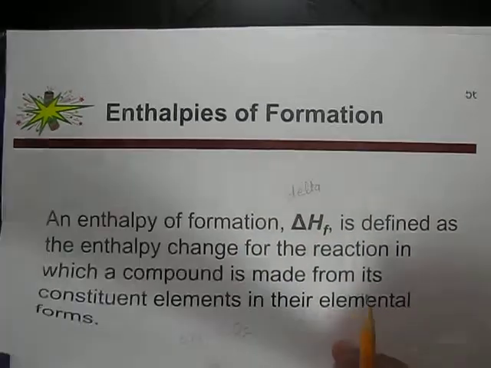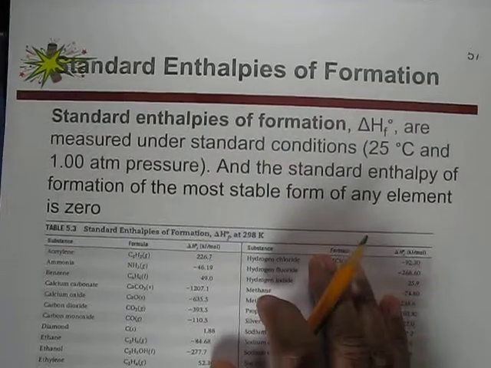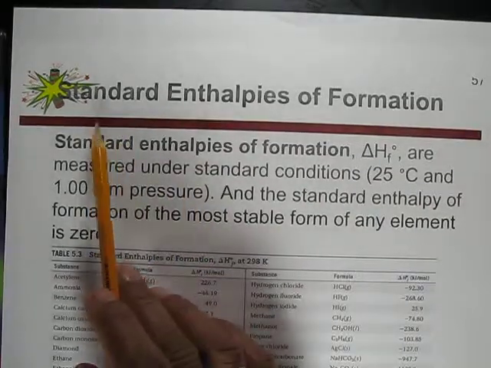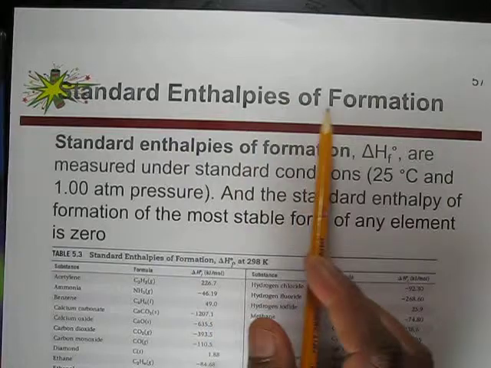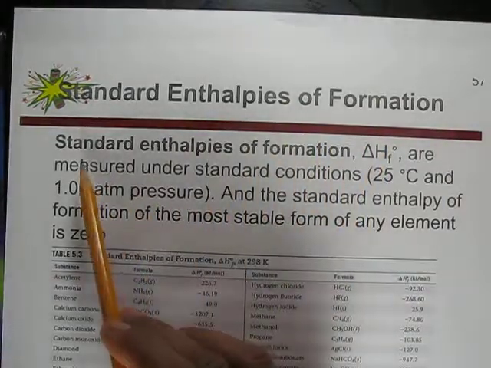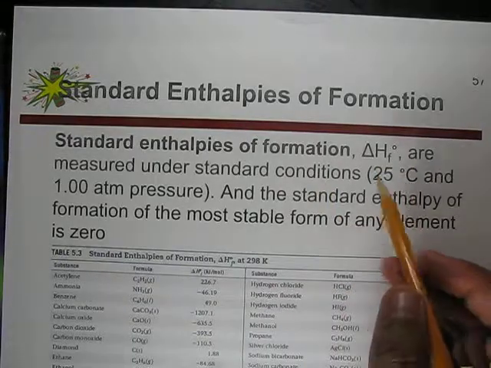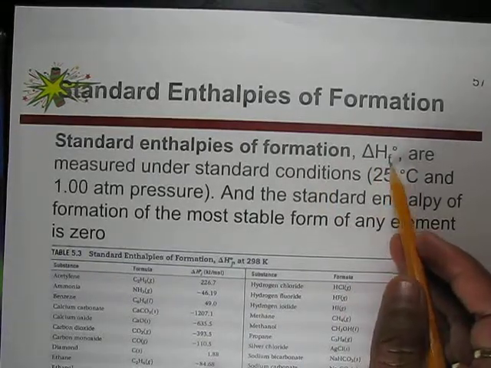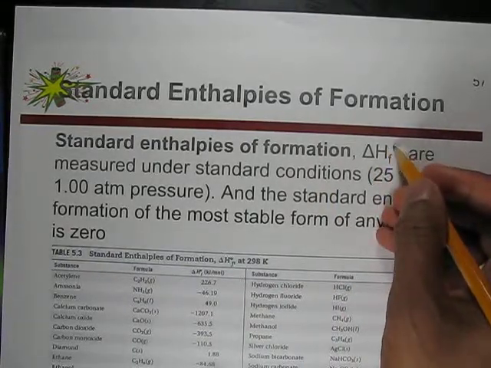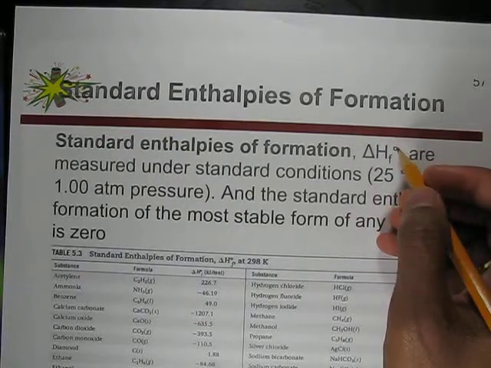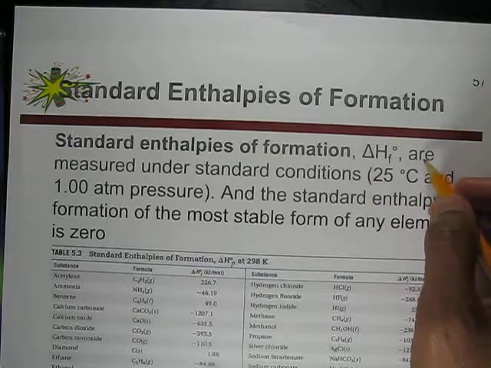So let's see some more definitions about the enthalpy of formation. There is one more enthalpy of formation, called the standard enthalpy of formation, which is represented by delta H small f with a small degree sign on the H as a superscript.